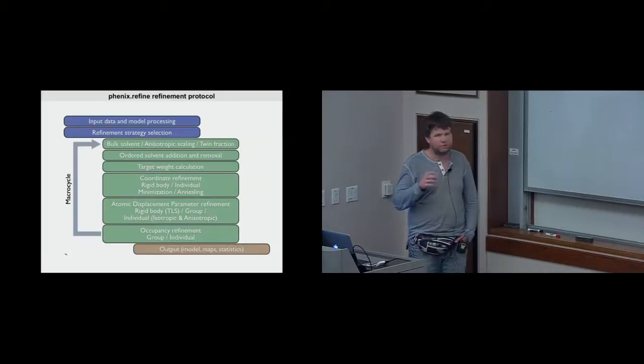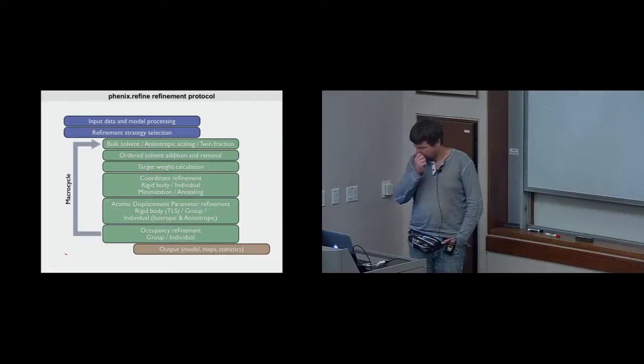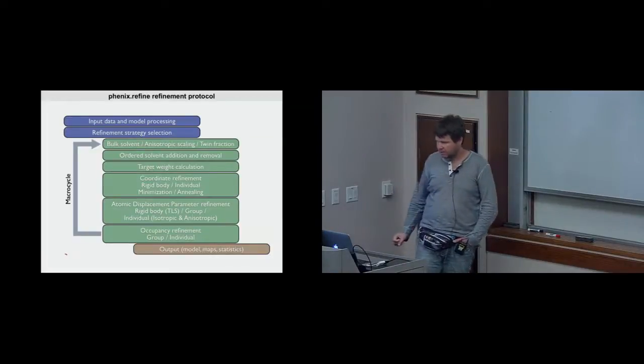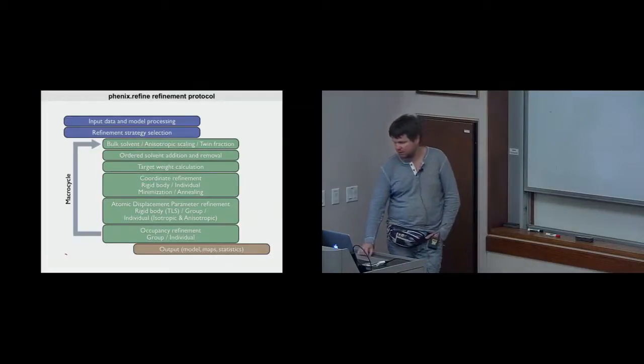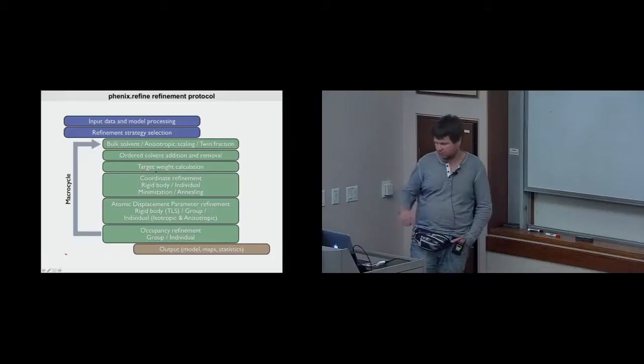That's where actual refinement happens. So just by design, it starts with bulk solvent modeling. Then we place ordered solvent, calculate target weights, do coordinate refinement, B-factor refinement, occupancy refinement. Then go back, update bulk solvent model, and do it in circles.